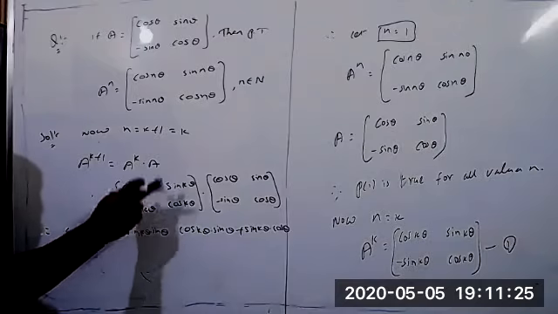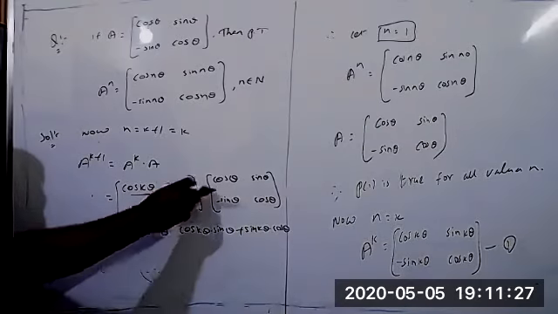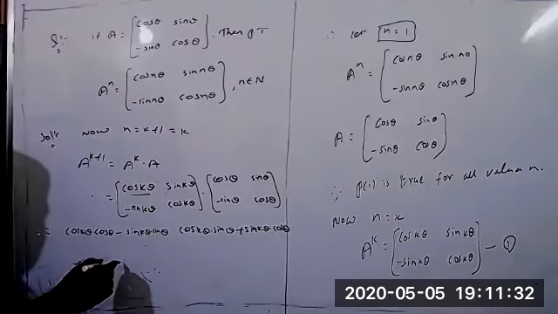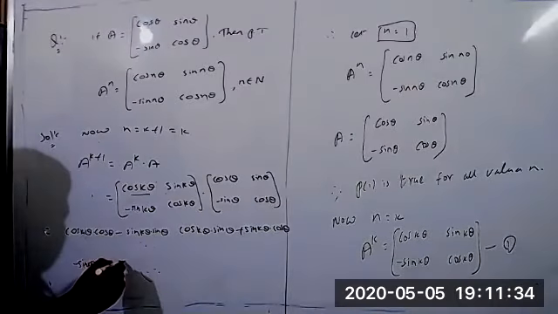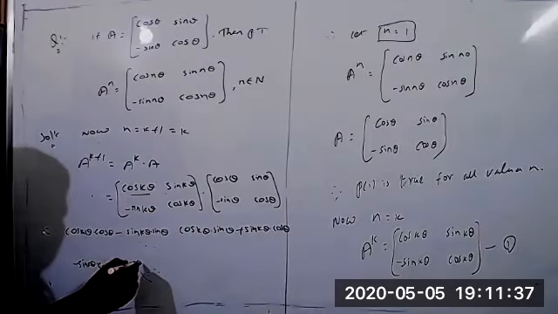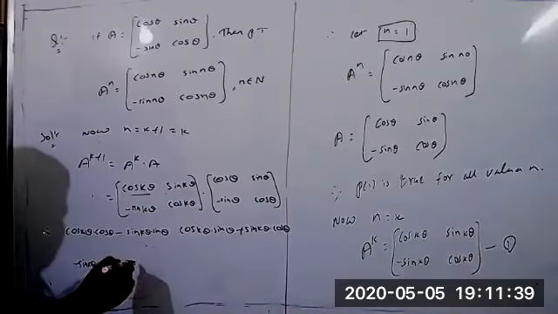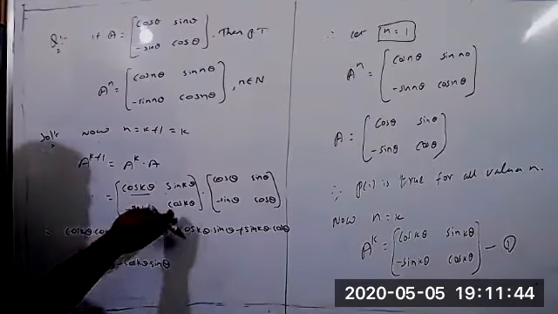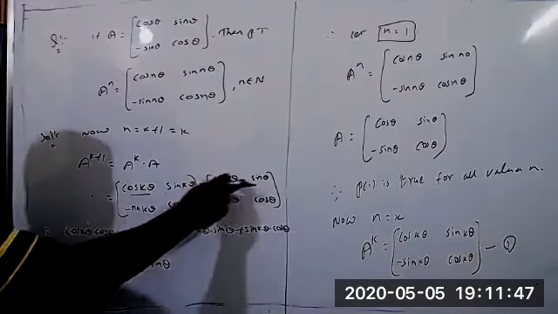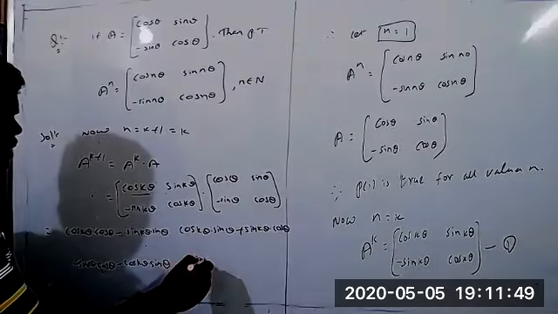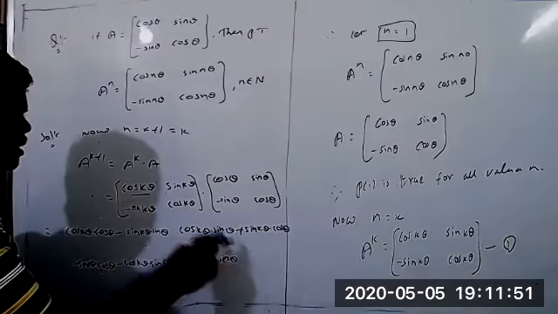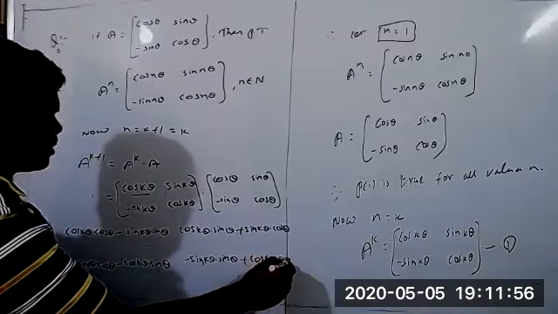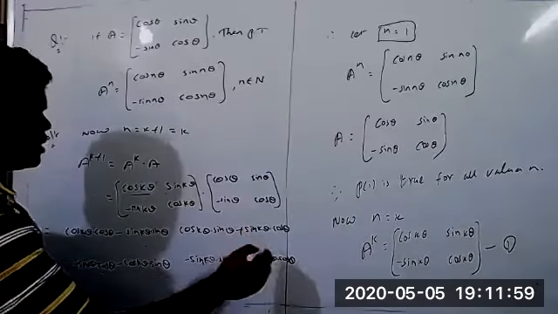Coming to the second row into first column: minus sin k theta into cos theta plus cos k theta into minus sin theta. Next, second row into second column: plus into minus equals minus, so minus sin k theta into sin theta plus cos k theta into cos theta.